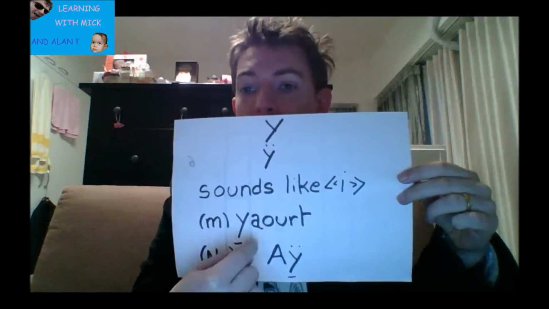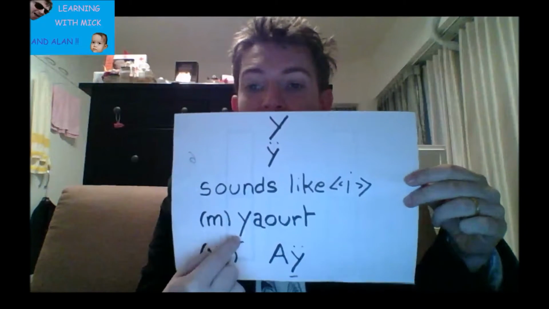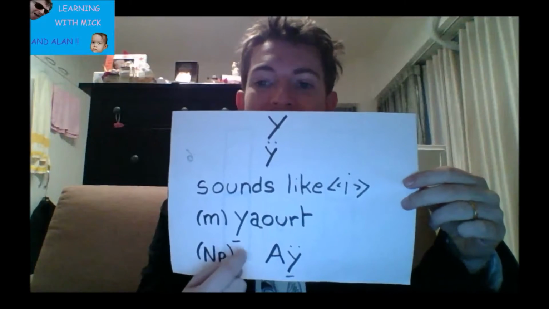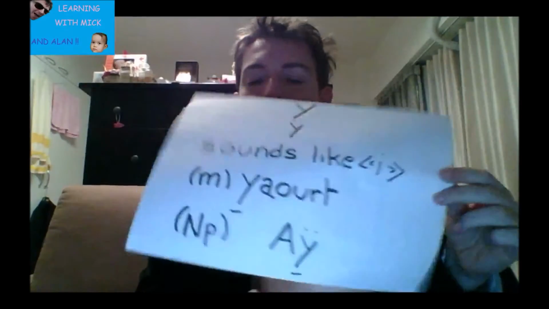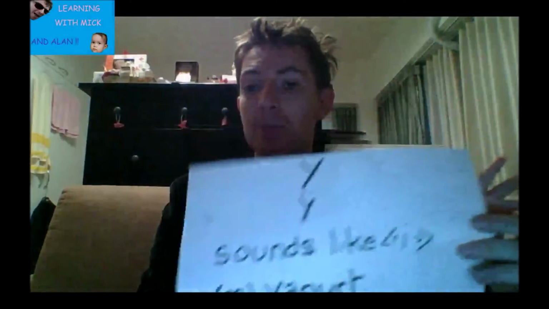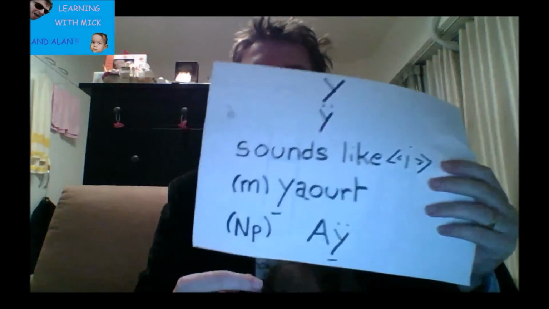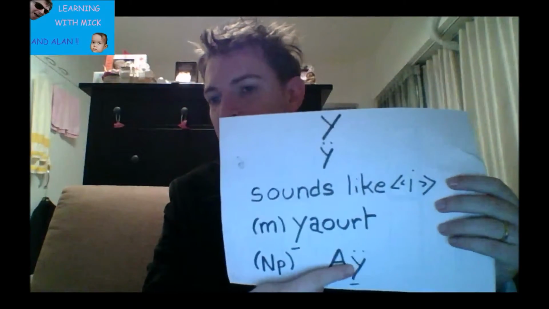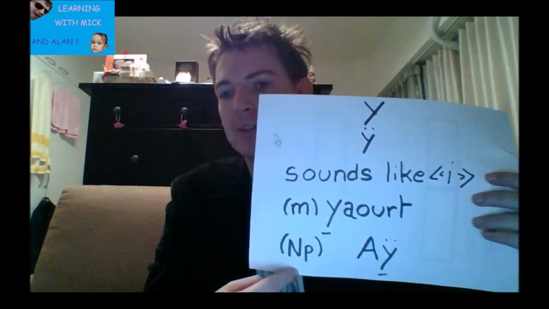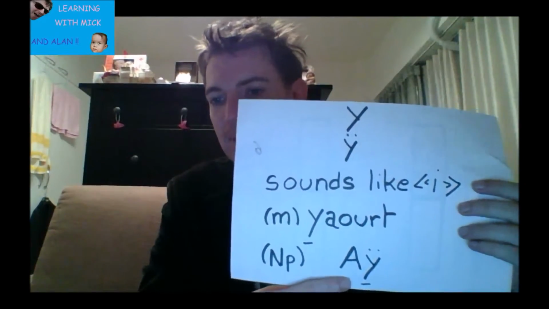There's a common word, maybe the most common word with Y: yaourt. It's yogurt. And because it's a word of foreign origin, exceptionally the T is pronounced at the end. Or you have only two cases of Y with tréma, and this is a proper noun. It's the name of a city in the Champagne region. Aÿ.